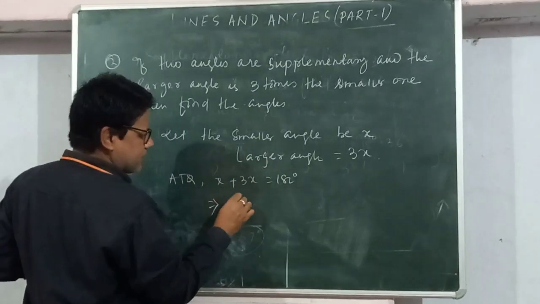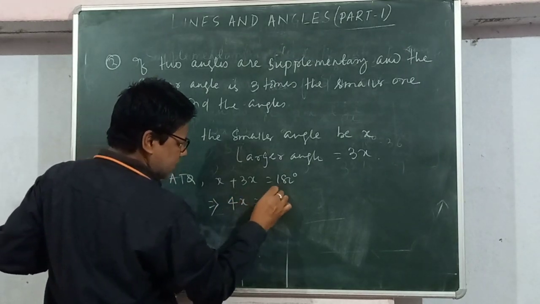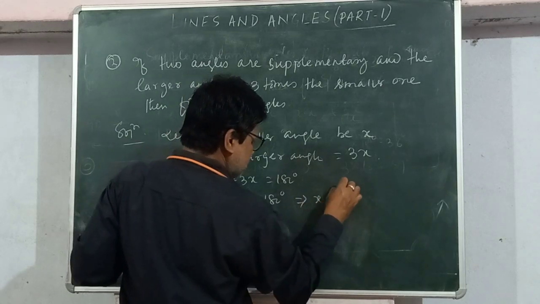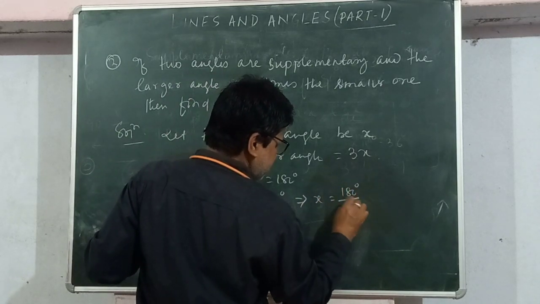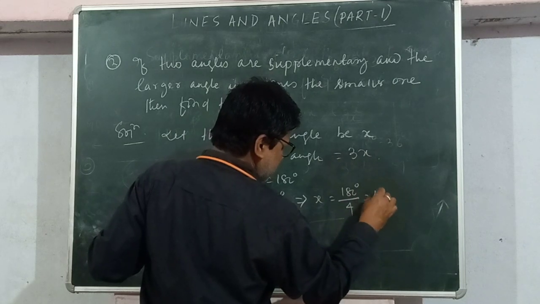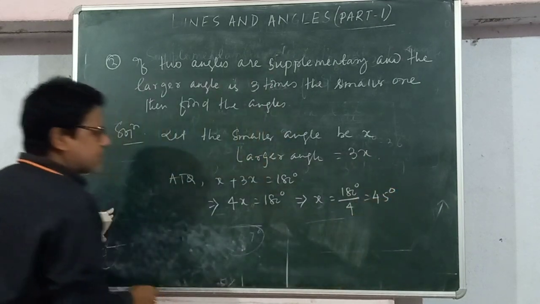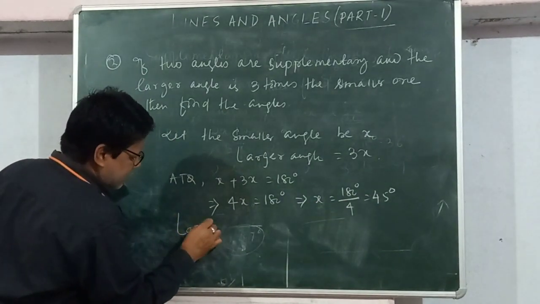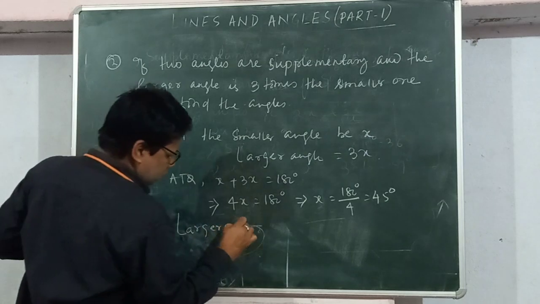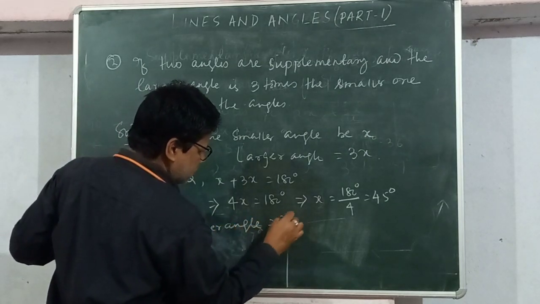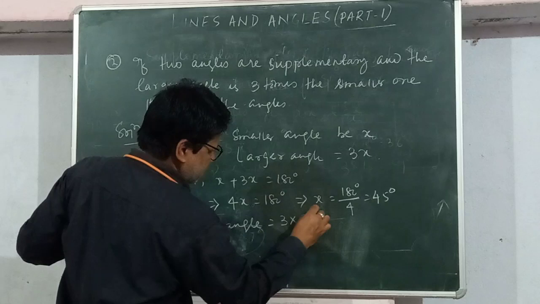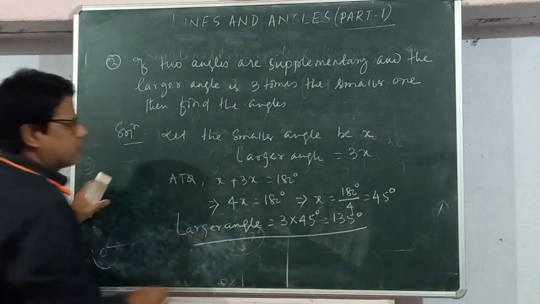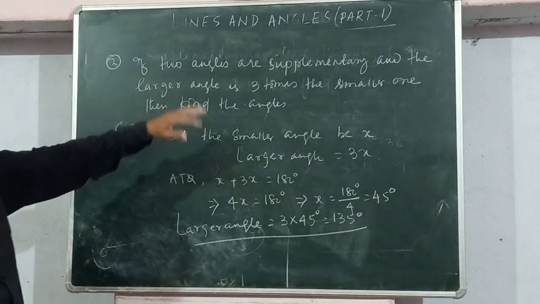As they are supplementary, implies that 4x is equal to 180 degree, implies that x is equal to 180 by 4, 45 degree. Therefore, the smaller angle is 45 degree. So the larger angle is equal to 3 into 45 degree is equal to 135. These are the applications of complementary and supplementary angles.